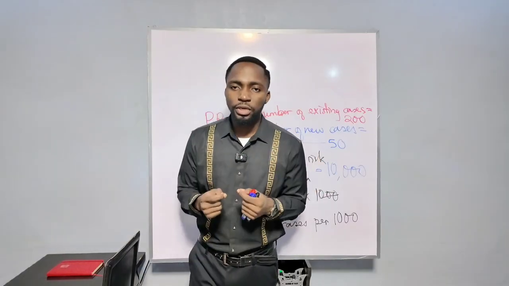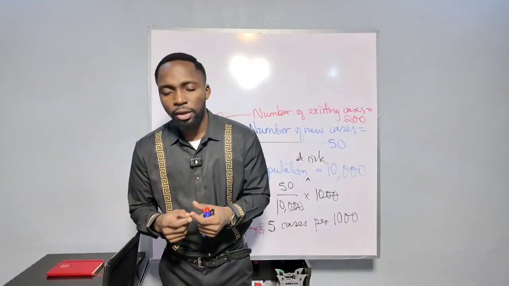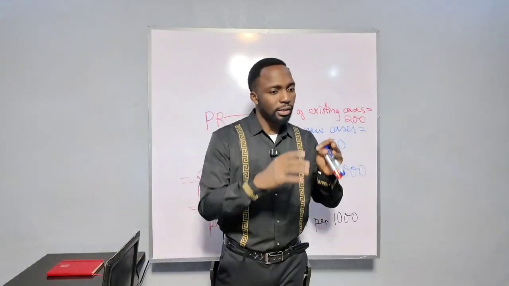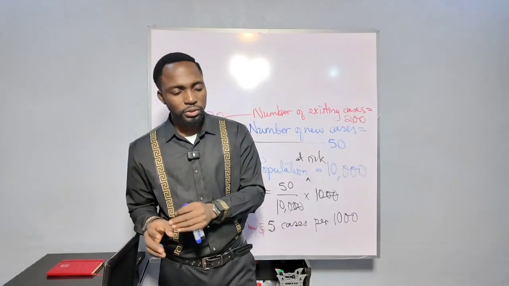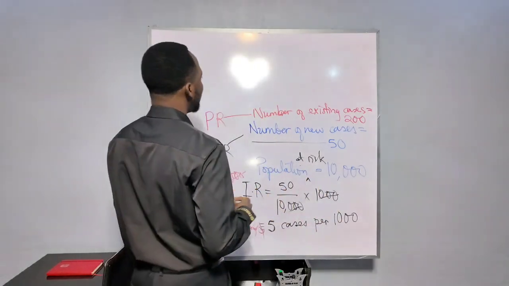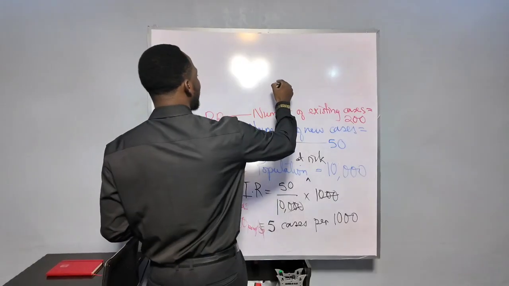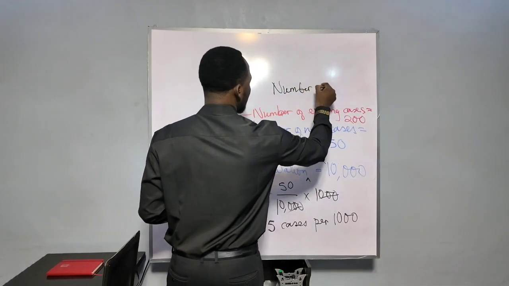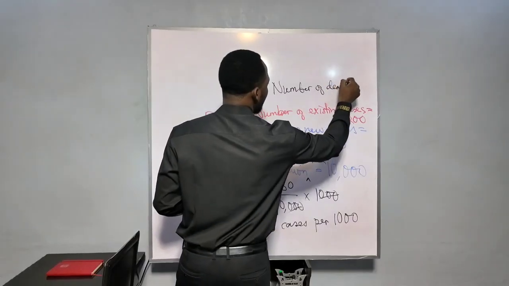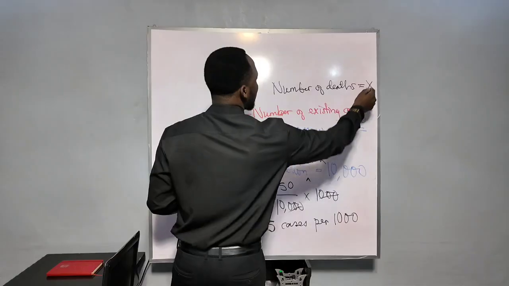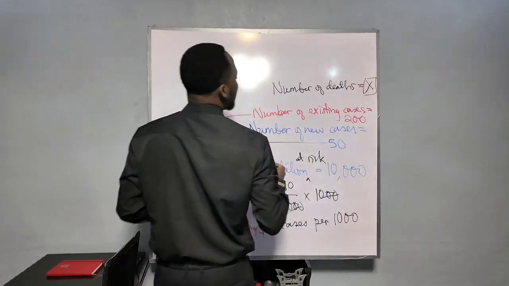So mortality rate is equal to the number of deaths during the period divided by the population at risk, multiplied by the multiplier. Suppose we have the number of deaths to be equal to x, for instance, x being anything.